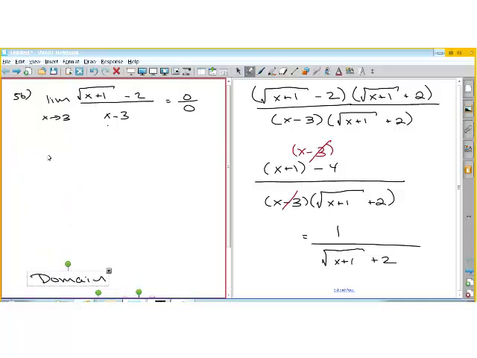So this original limit, as x approaches 3, is the same as 1 divided by the square root of x plus 1 plus 2, and then you just plug the number in. So you'll have 1 divided by 3 plus 1, which is 4. The square root of 4 is 2, and 2 plus 2 is 4. So the answer is 1/4.